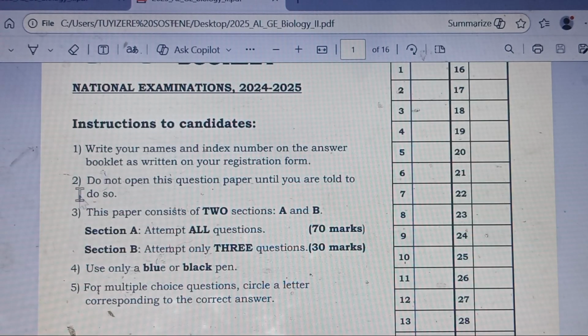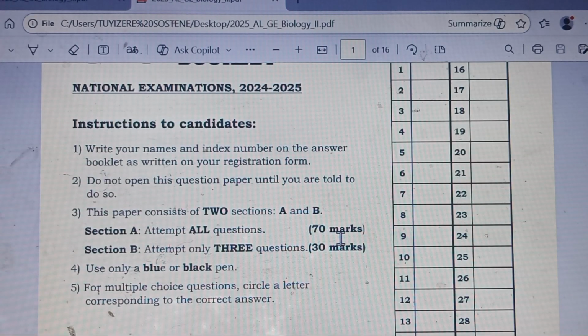Instruction number 1. Write your name and index number on the answer booklet as written on your registration form. Do not open this question paper until you are told to do so. Instruction number 3. This paper consists of two sections, A and B. Section A, you must attempt all questions for 70 marks.